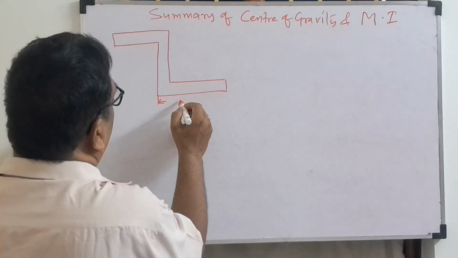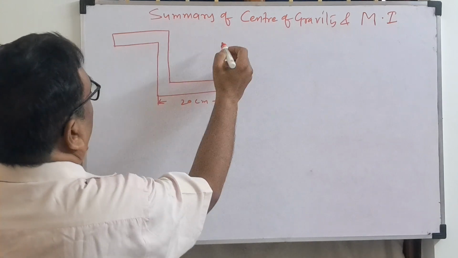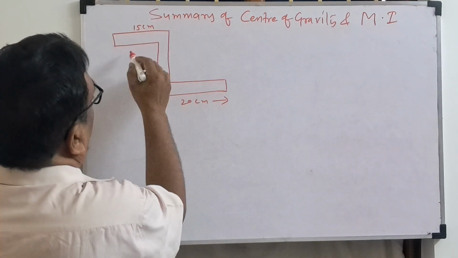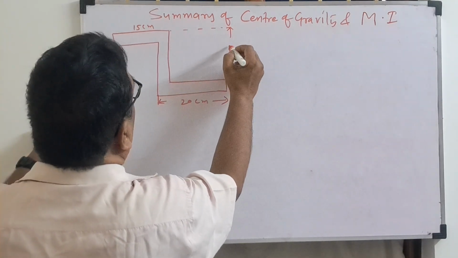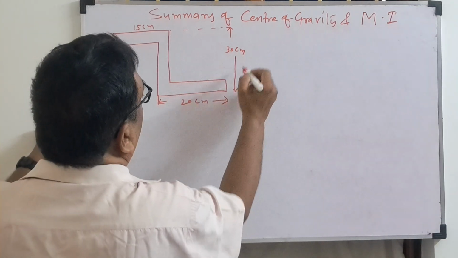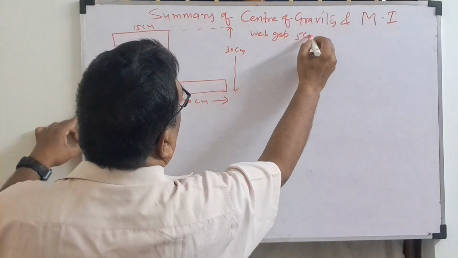Suppose this is given as 20 centimeter, then this is 15 centimeter, and total they will give suppose 30 centimeter, and the web gap is 5 centimeter.